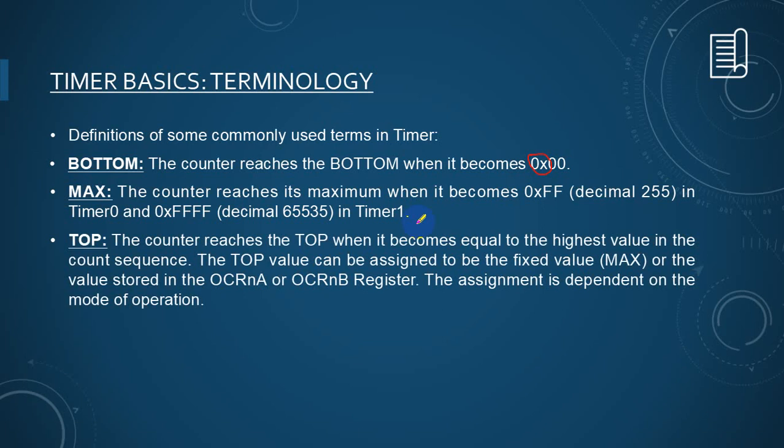That's called the top value. For compare mode, the value we want to compare is the top value. So what is the top value? The counter reaches the top when it becomes equal to the highest value in the count sequence. The top value can be a fixed value, it can be the max value, or the value stored in output compare register A and output compare register B. The assignment depends on the mode of operation.